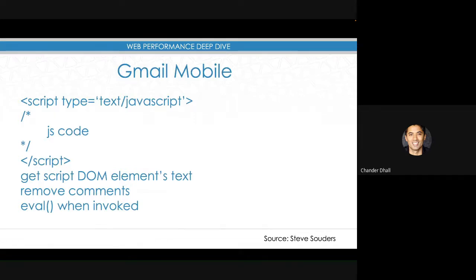Gmail Mobile uses a beautiful technique. Whenever they compose an email on the browser, which is a mobile browser, they realized a lot of people just check their email and reply. They don't necessarily hit compose on a mobile browser. So what they did was they decided to comment out that code, because they didn't want to pay for the parsing and execution.